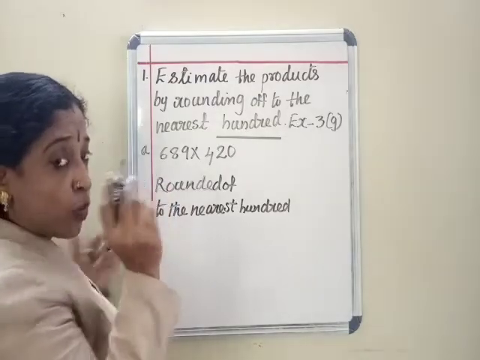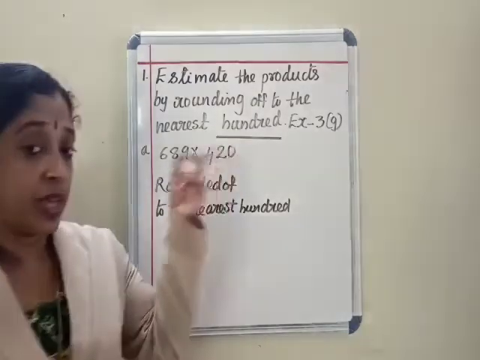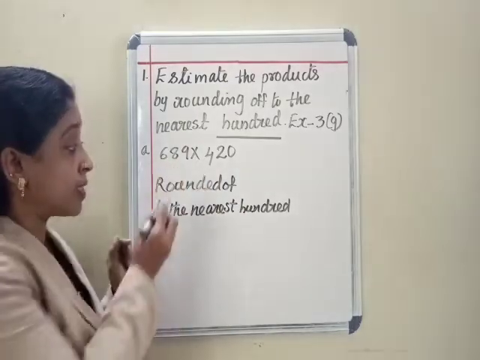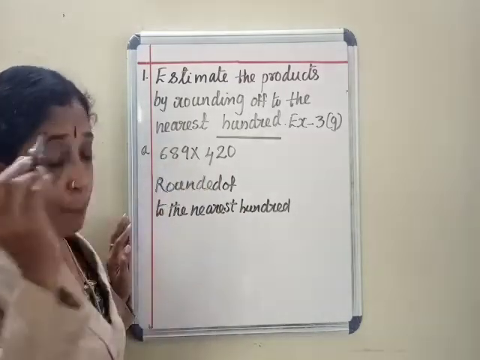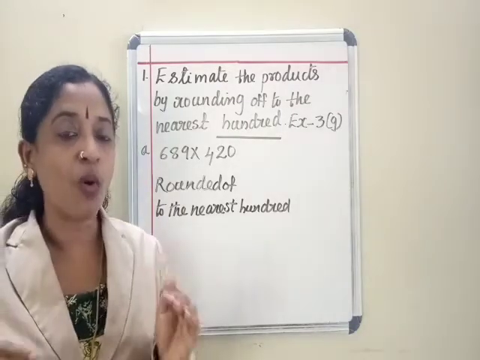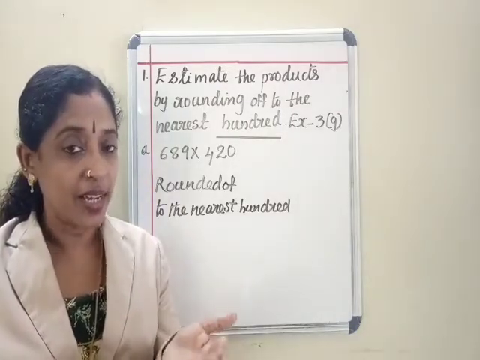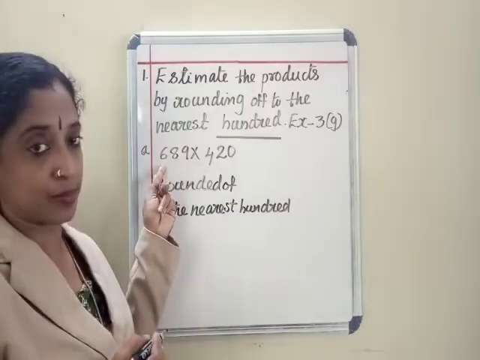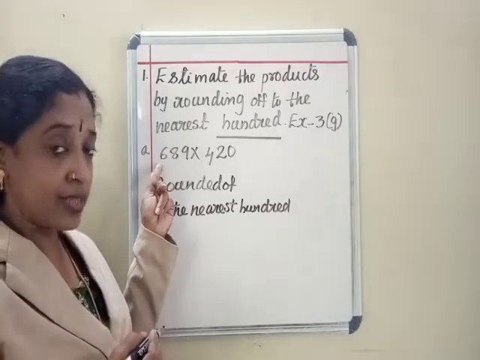Then some rules we studied. If we have to round it off to nearest hundred, we have to check which place number. We have to check tens place number. If the tens place number is 5 or more than 5, what? We can add one more 100 to this 100. Here already 600.